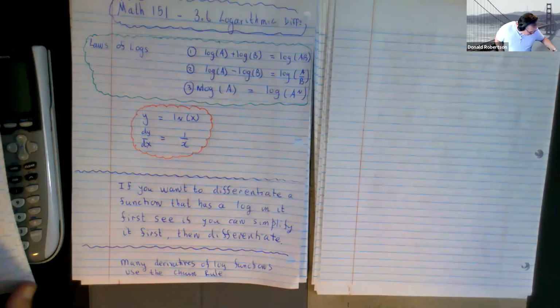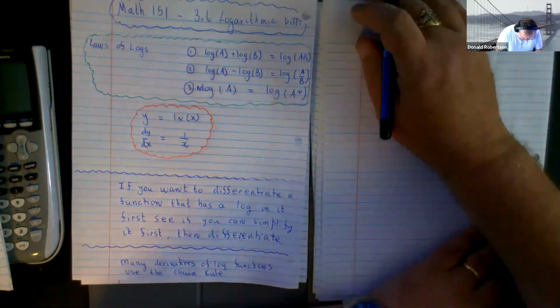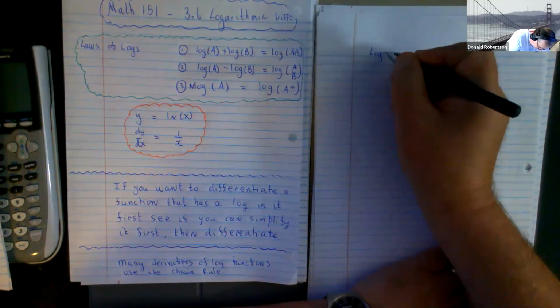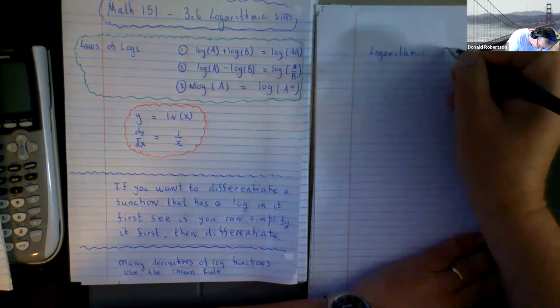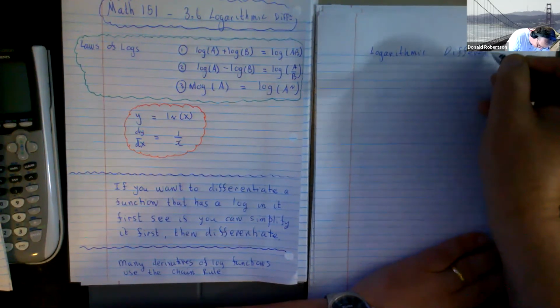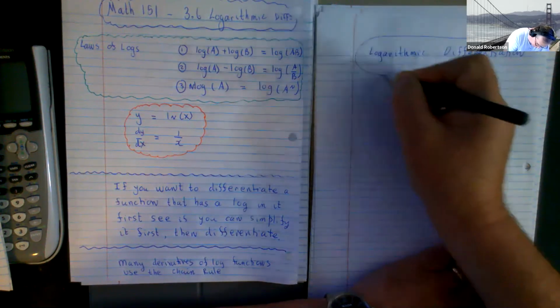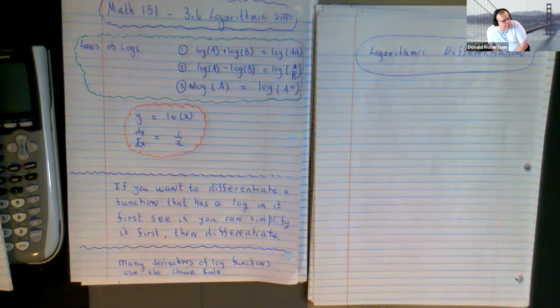So we're going to change tack now, and we're going to look at a process that's called logarithmic differentiation. So this isn't product rule, quotient rule, chain rule, anything rule.